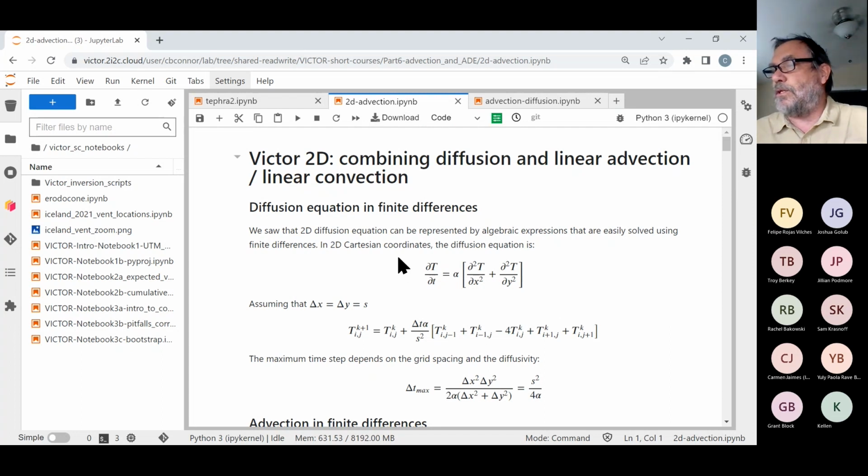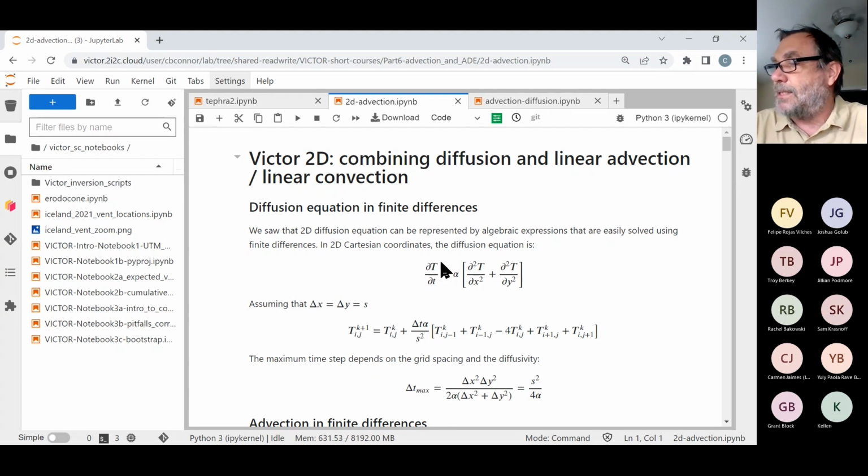Let's take a look at the 2D diffusion equation that I implemented in code last time in the notebooks, I think notebook 4 or something like that. But anyway, we've got the change in something as a function of time. Here I'm saying the change in temperature is a function of time, but it could be the change in concentration as a function of time, or some other parameter.